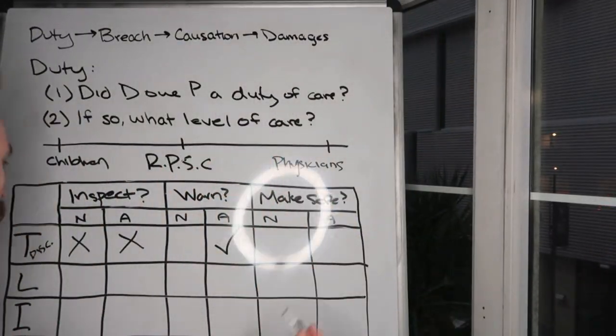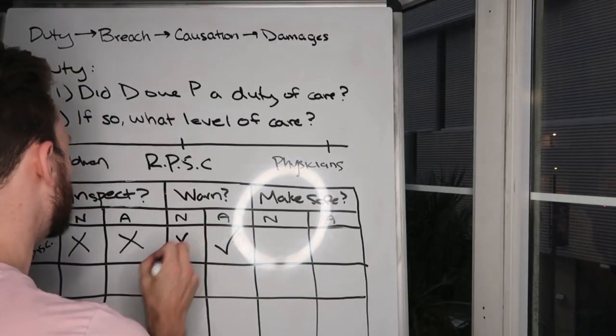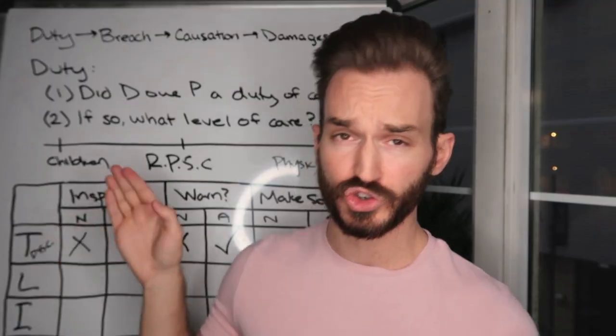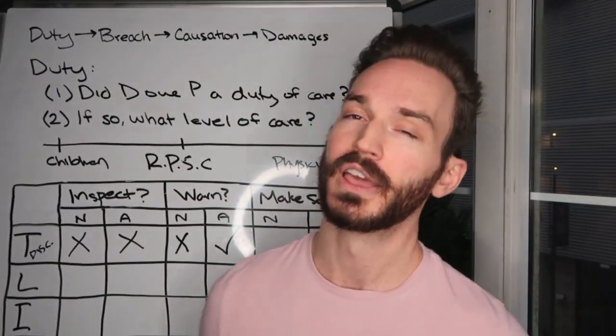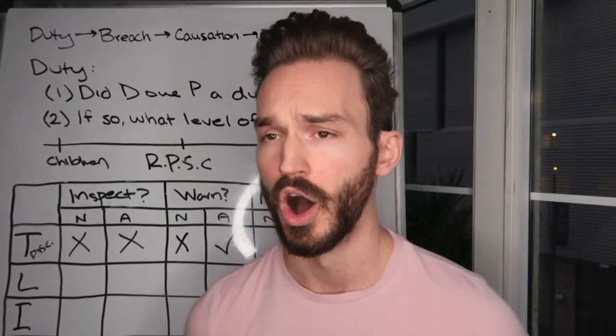Naturally occurring conditions, no duty to warn. You have no duty to warn discovered trespassers of naturally occurring conditions, hidden dangers on your land.